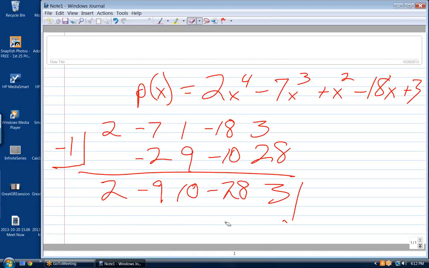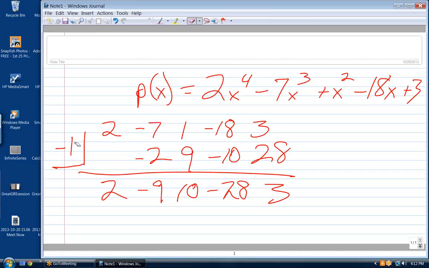But that is the way that we can tell that, in other words, if I'm then going to use the rational factor theorem, I don't need to test minus 3. I don't need to test minus 3/2, because what the rule says is that minus 1 is a lower bound.